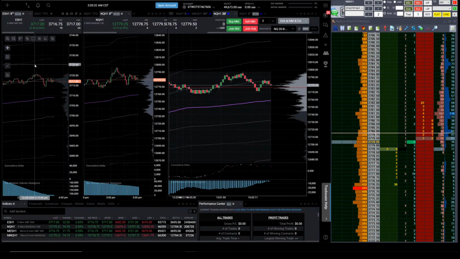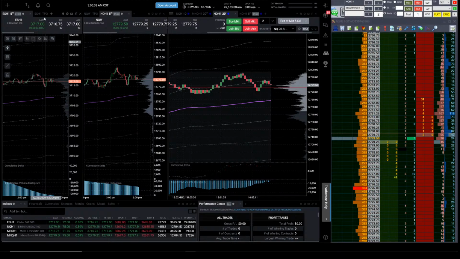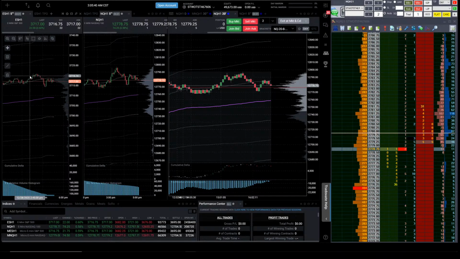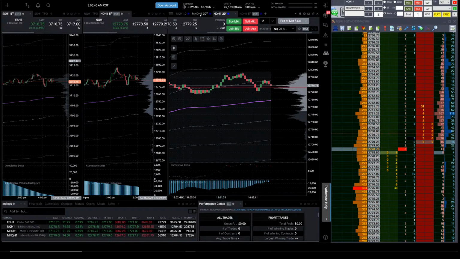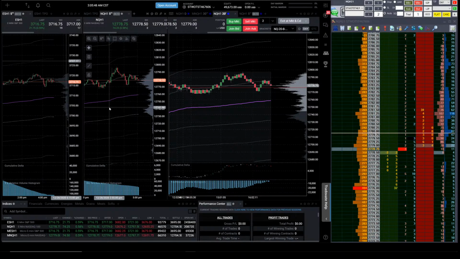And the ES, or the 5-minute, and I have a TPO chart, but rarely go there for cross-reference. These are all minis. I do have some micros set up to look at now and then, but for the most part, I try to stick with minis and keep it as simple as possible.